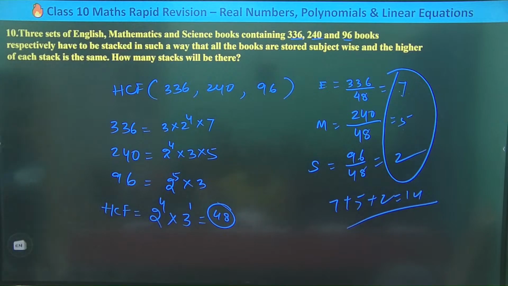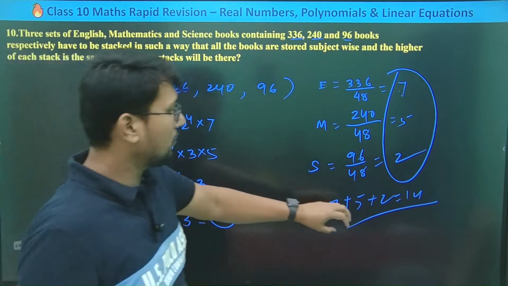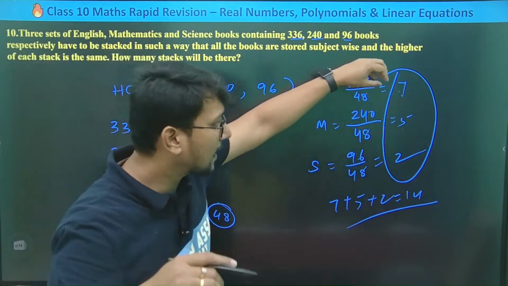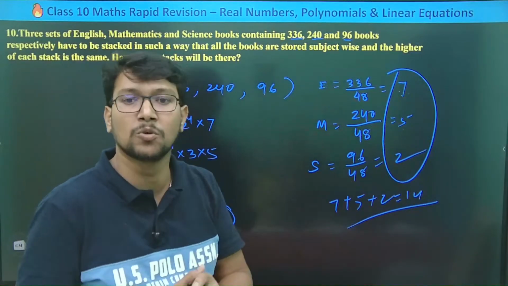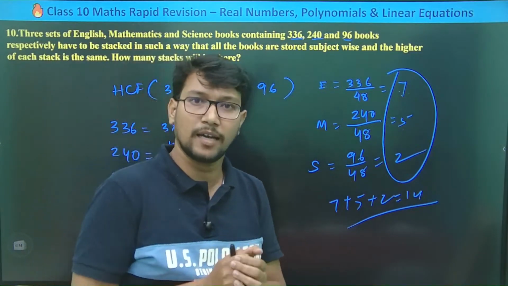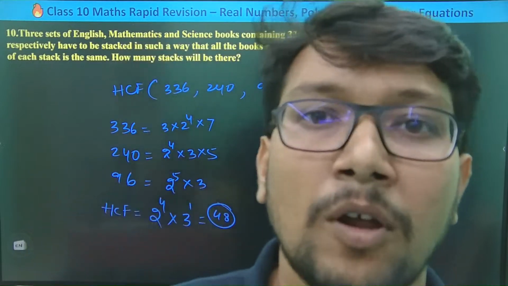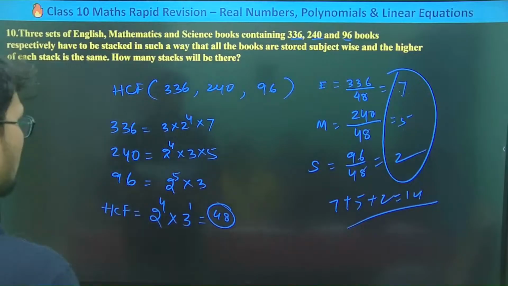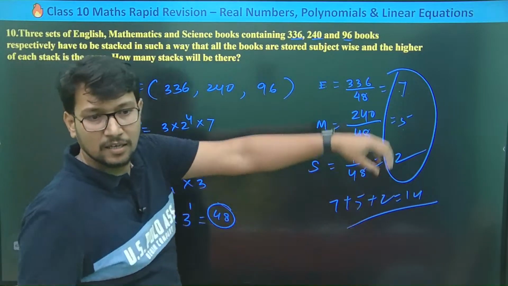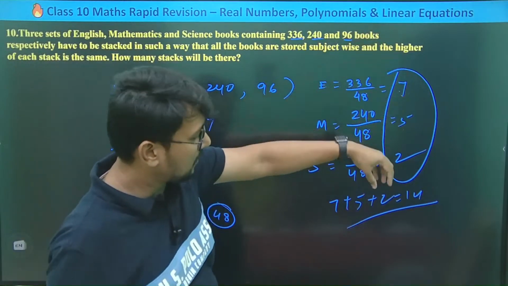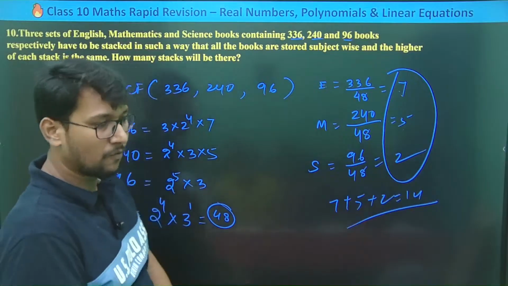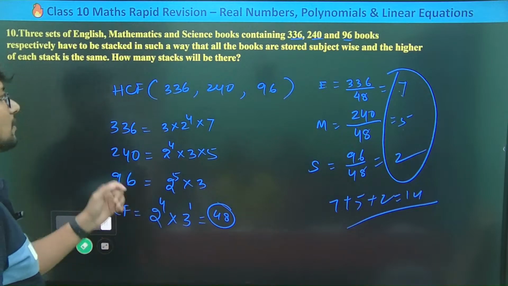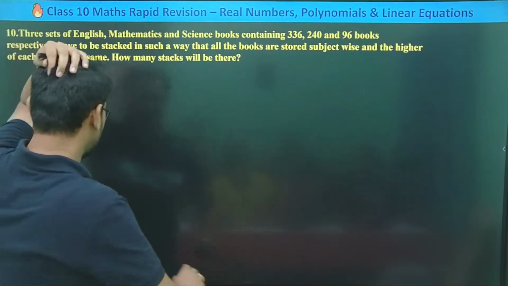Tell me. So you will not write only 7, 5, 2. Check. You will not write only 7, 5, 2. Okay? Is everything going fine, children? Tell me. If it's going fine, then solve it. So you have to write 7 plus 5 plus 2, that is 14. That is 14. Got it? Shall we move to the next question?